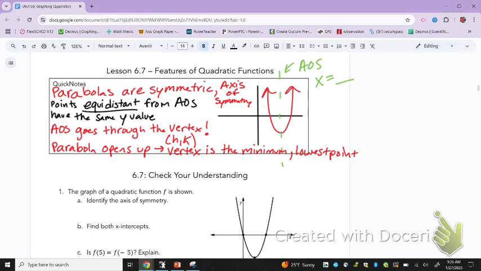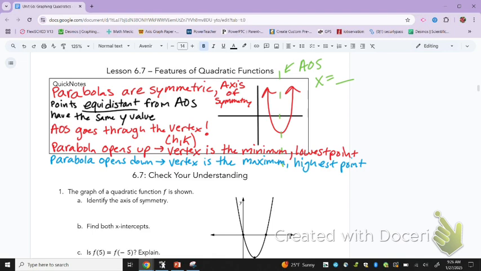Your parabola will open down when your vertex is the maximum. Again, this means that that is the highest point on the graph. And this about covers all of our key features of the graph.